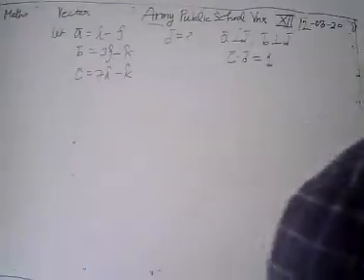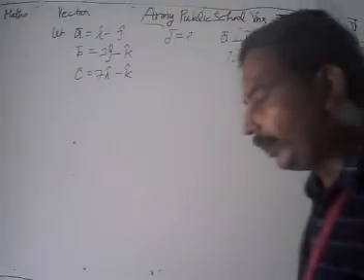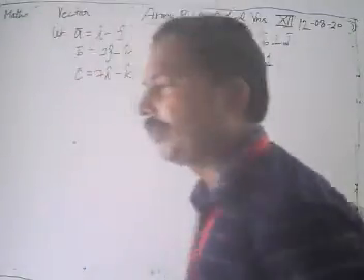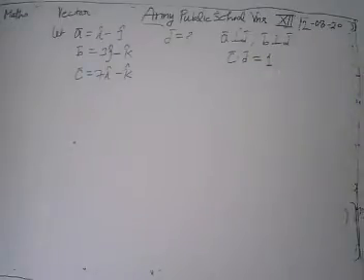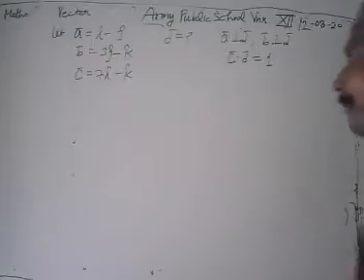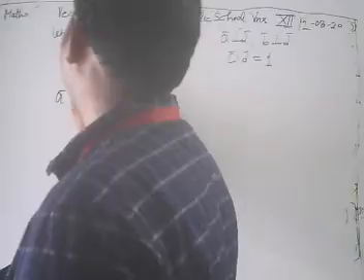It's 1. Now look, in our vector cross product, our vector A cross B is what? It represents a vector which is perpendicular to both vector A and B. Our vector A cross B is what?